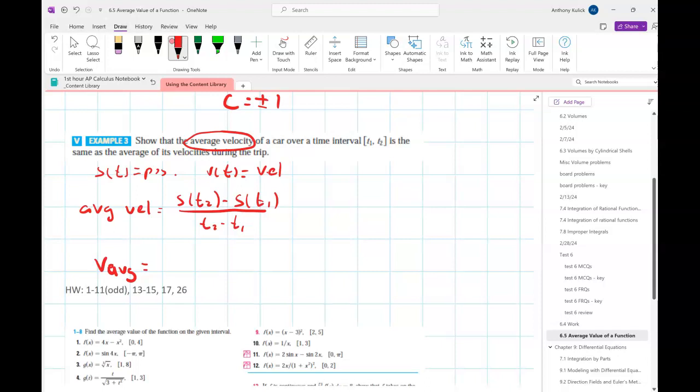Now, the average of our velocities is our average value integral. So far, so good. What's the integral of velocity?